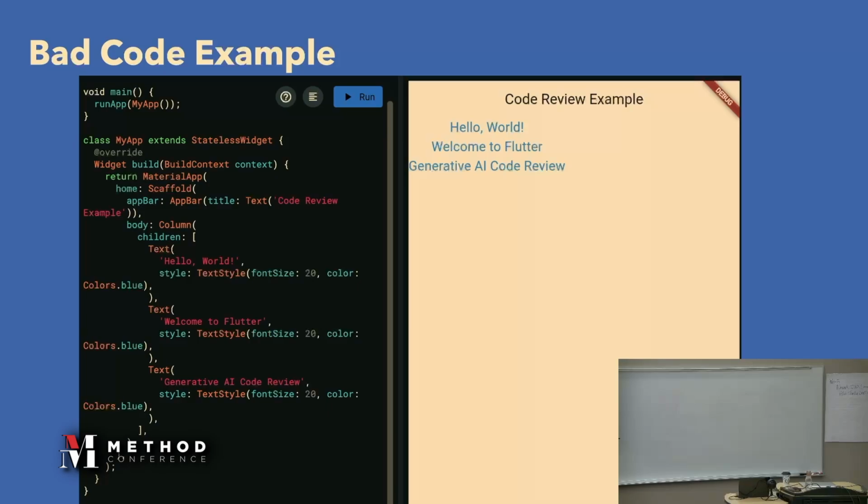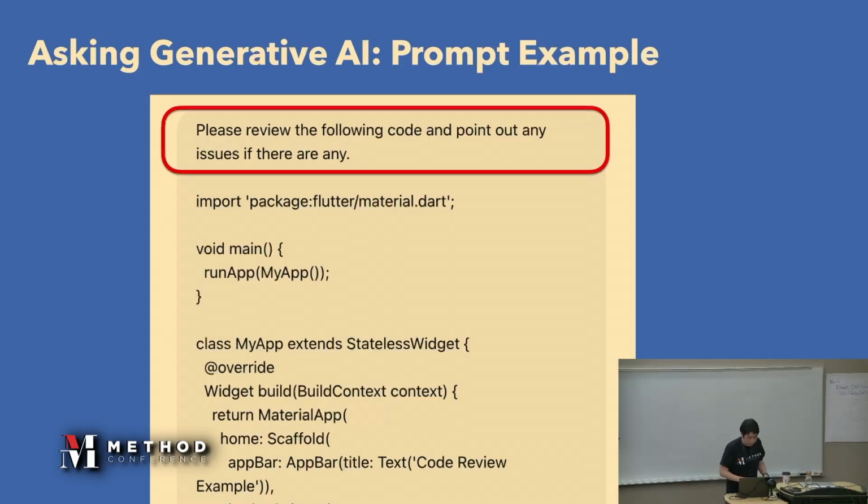Font size 20 and color blue, to set this style for the 3 text lines, I duplicated this style for each text. It's very bad source code. It's just an example. And so I requested a code review from generative AI.